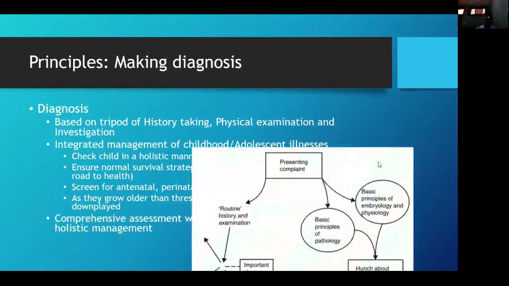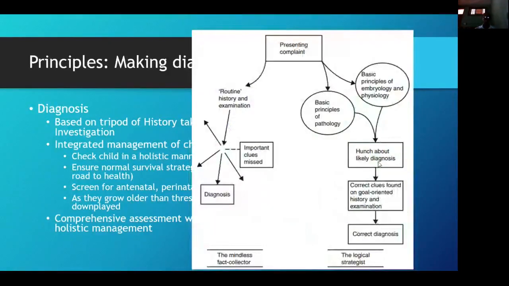So, the pediatric surgeon not only takes routine history as, pardon the use of that word, a mindless fact collector who will take a routine history and make examination, and then will not correlate it with anything, but just miss some important clues in the process and make a diagnosis which is faulty.